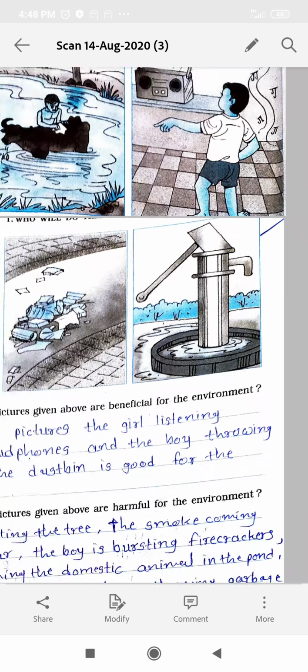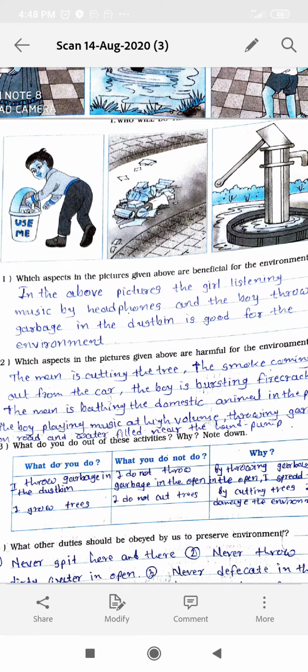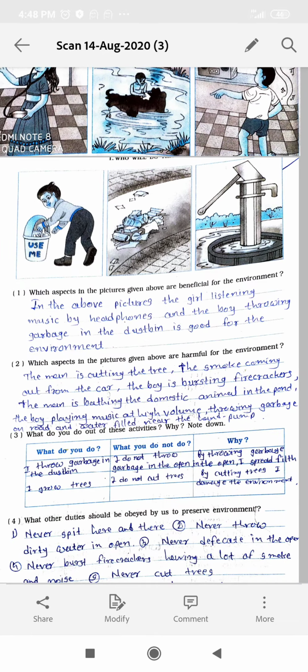So you have to write down all these harmful activities for the environment in the second question. Okay, here is the answer of the second question. Now let's see ahead. What do you do out of this activity? What do you not do, and why?